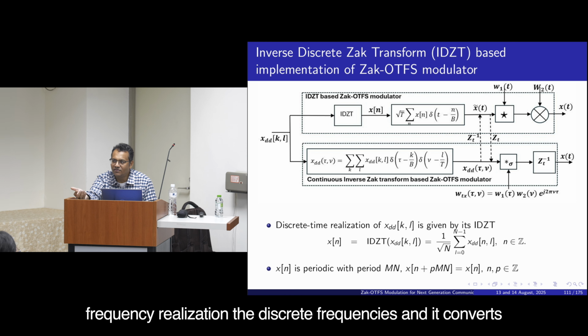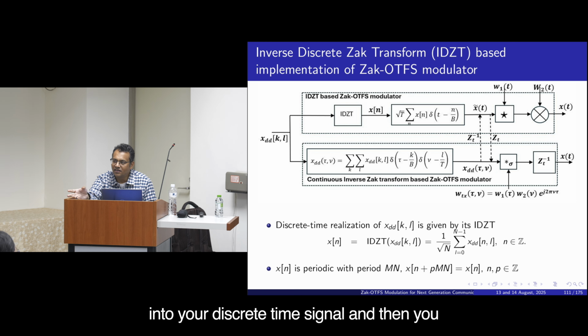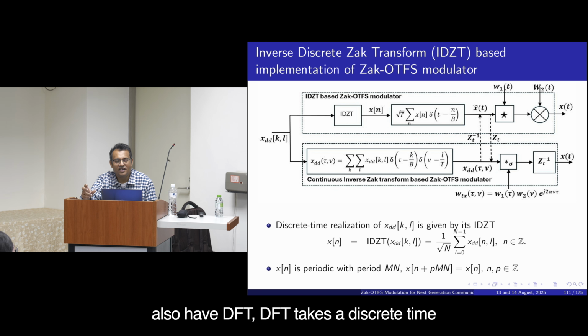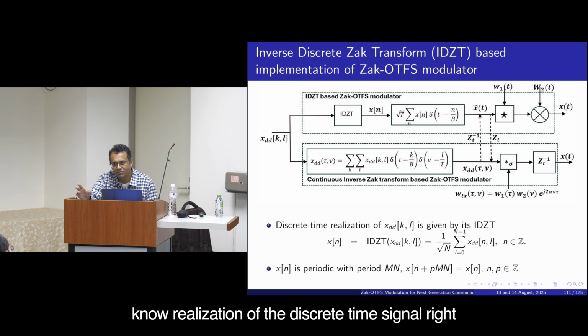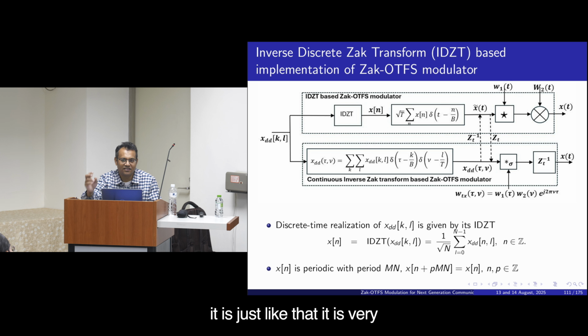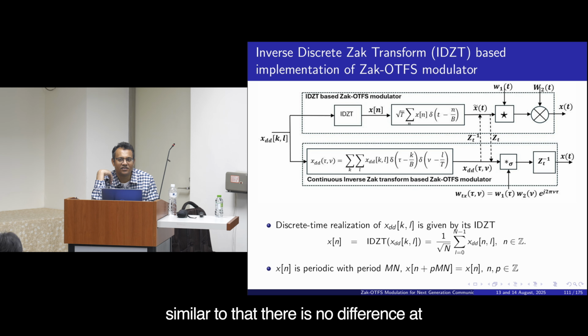It takes the discrete frequencies and converts them into your discrete time signal. And then you also have the DFT, which takes a discrete time signal and gives you the discrete frequency realization of it. It's very similar to that. There's no difference at all.